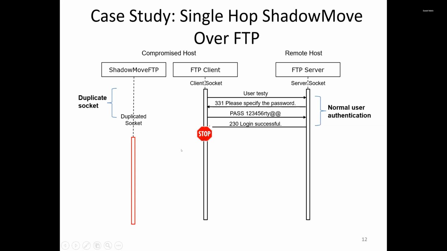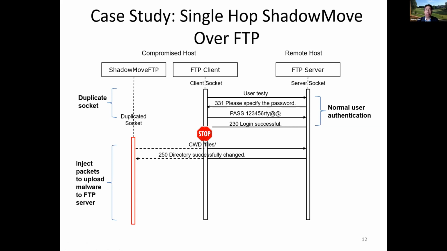interference. After that, it starts to inject packets in order to upload the malware itself to the FTP server, just using regular FTP commands. For example, the CWD command changes the working directory. Then the server just responds normally and says, okay, the directory is successfully changed.